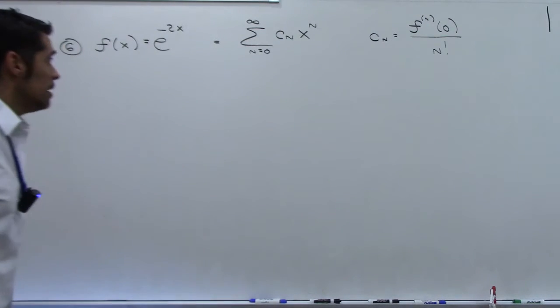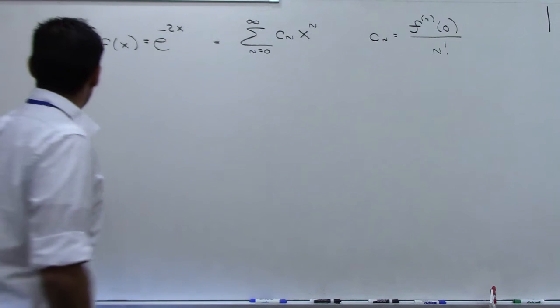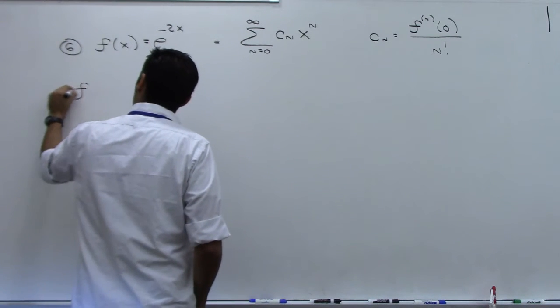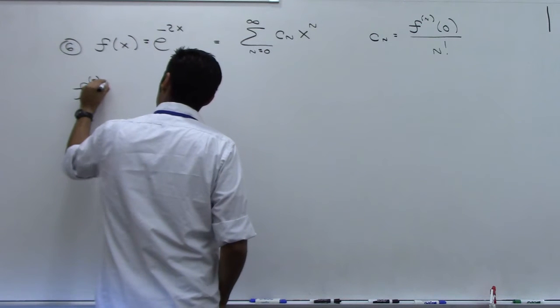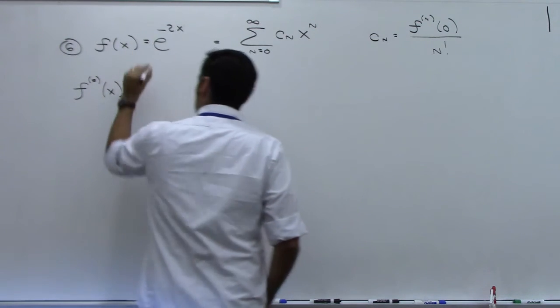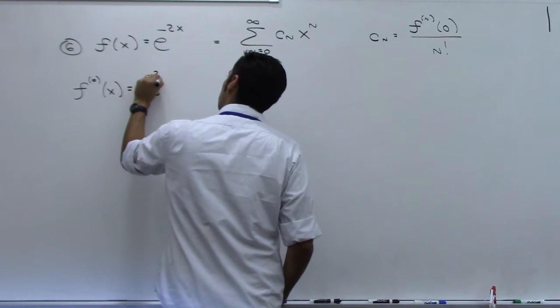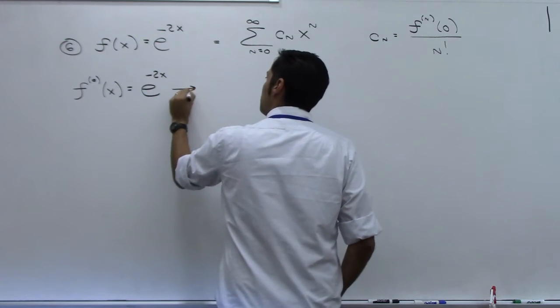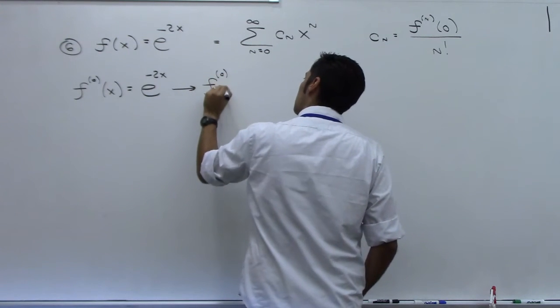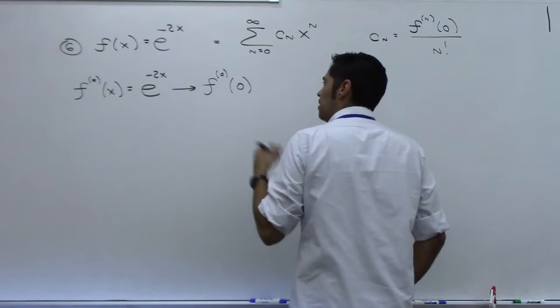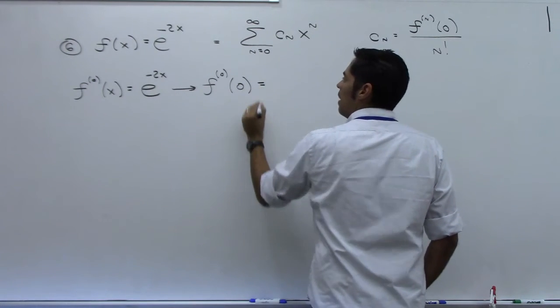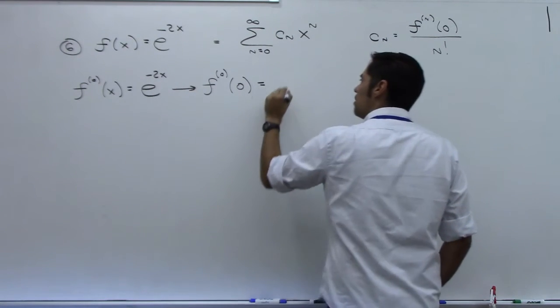All right, so let me start getting a handle on these derivatives. The 0th derivative of this function is going to just be the function itself, e to the negative 2x. If I take the 0th derivative and plug in 0, because this is a Maclaurin series, e to the 0 is 1.